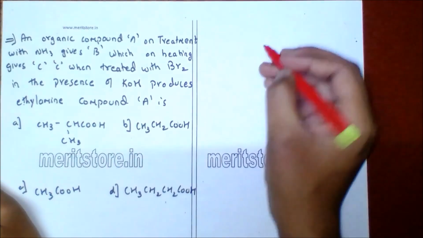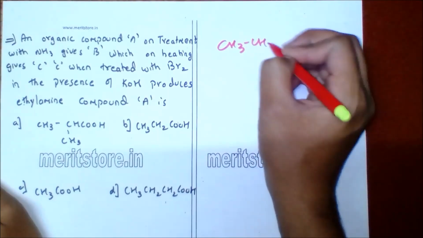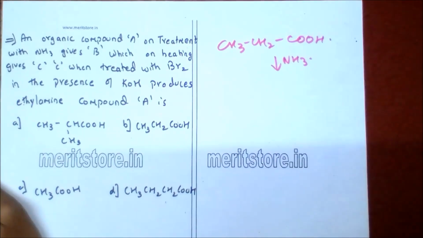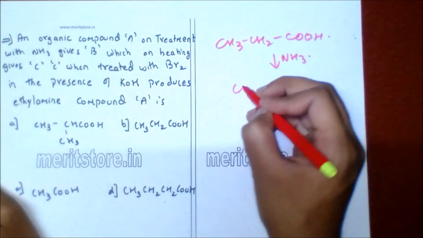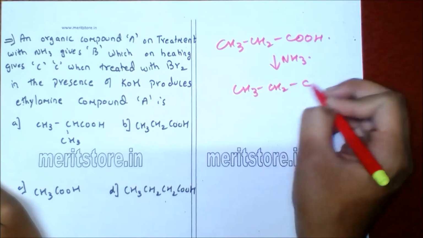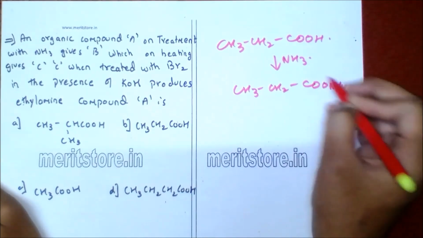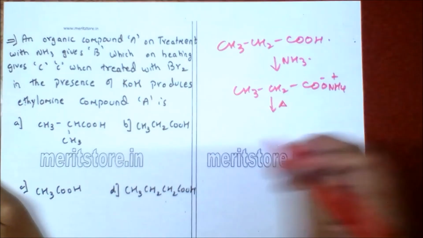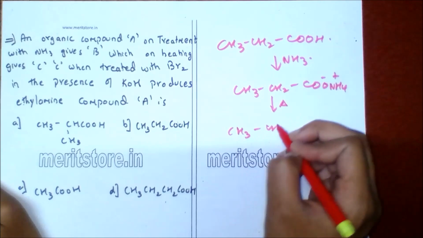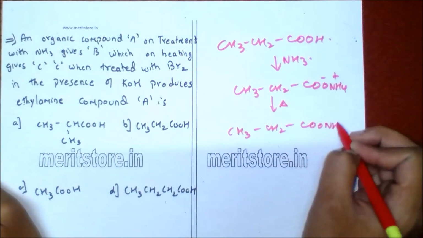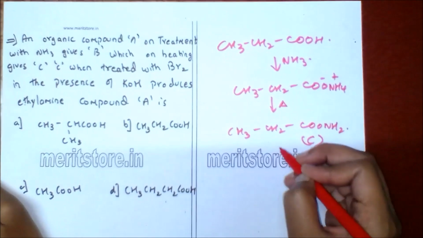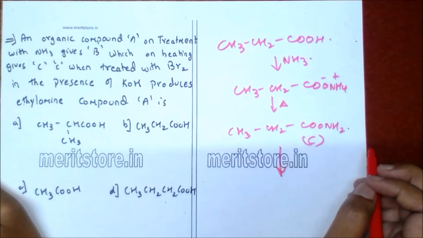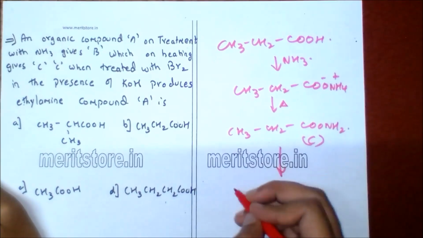So when propionic acid, that is CH3CH2COOH, reacts with ammonia it will give CH3CH2COONH4, which is B. On heating it gives CH3CH2CONH2, compound C, which on reaction with potassium hydroxide and bromine, that is Hoffmann bromamide reaction, will give ethylamine.